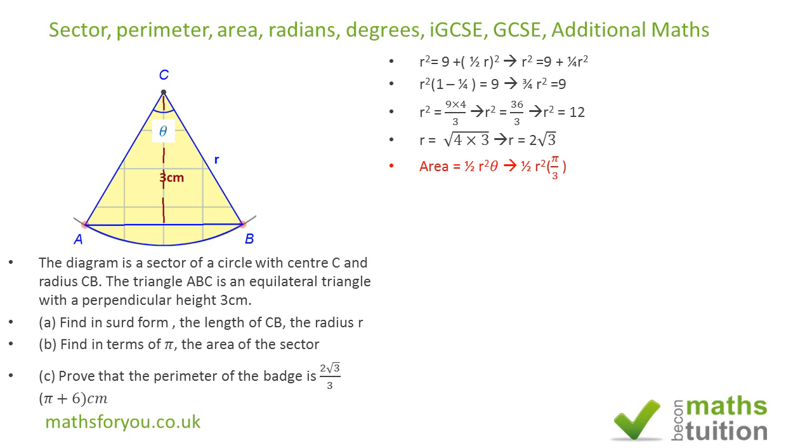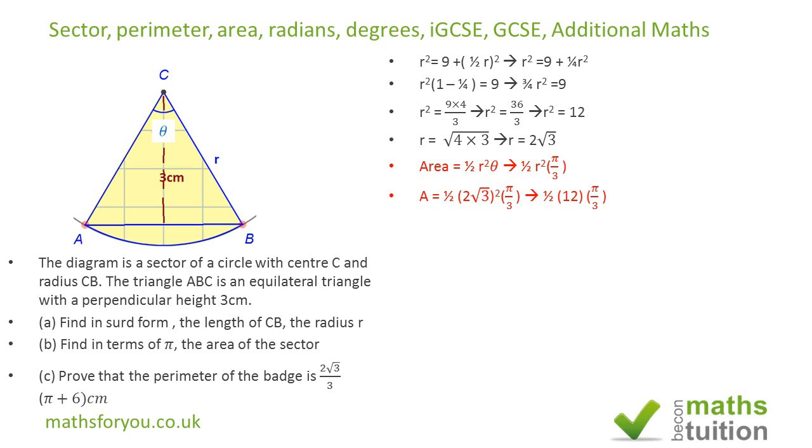Now, for the second question, section B, the area of this sector, if working in radians, is half R squared theta. And it doesn't matter if working in radians or in degrees, you get the same answer. Theta is pi/3 because the angle there is 60 degrees, because it's an equilateral triangle.